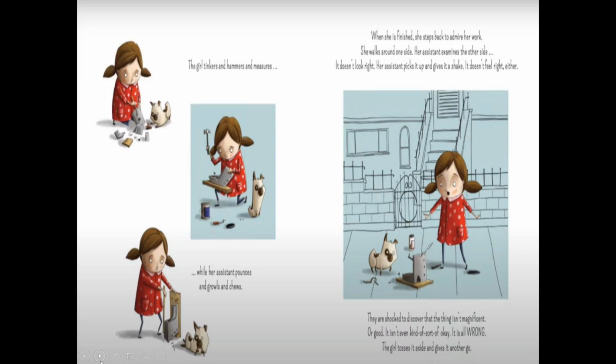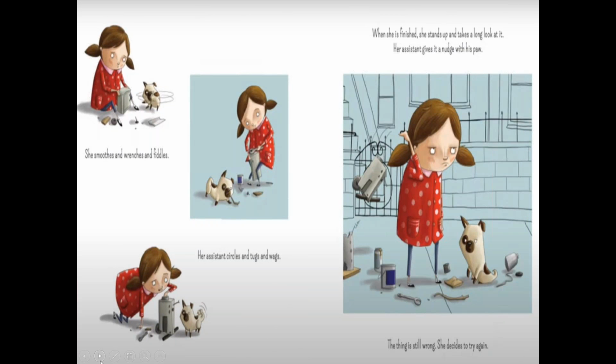She walks around one side. Her assistant examines the other side. It doesn't look quite right. Her assistant picks it up and gives it a shake. It doesn't feel right either. They are shocked to discover that the thing isn't magnificent or good. It isn't even sort of okay. It is all wrong. The girl tosses it aside and gives it another go.